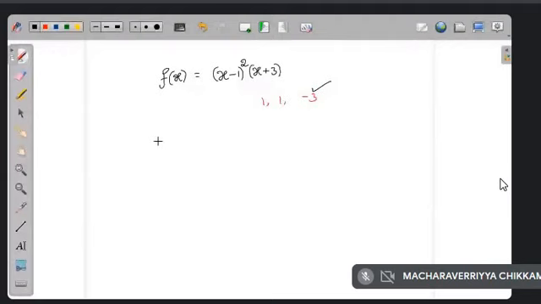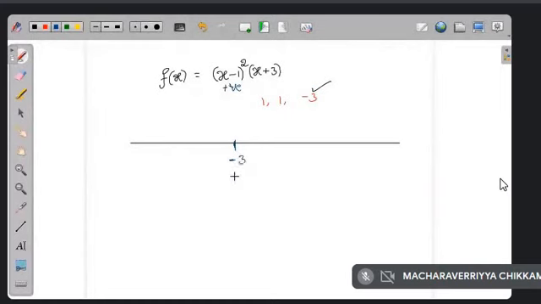So let me take a line and the points here. I hope you can tell where this function is positive and where it is negative. This factor is always positive, whatever be the value of x, because you have a square. Now it all depends on the point minus 3.